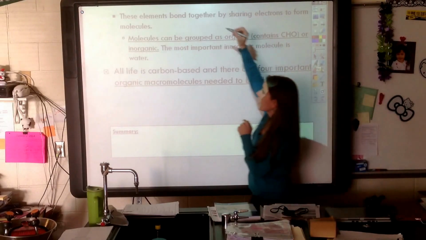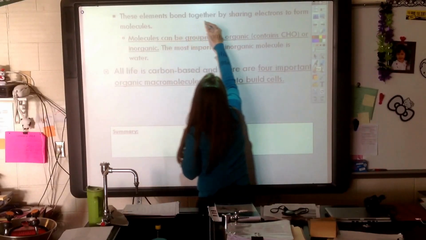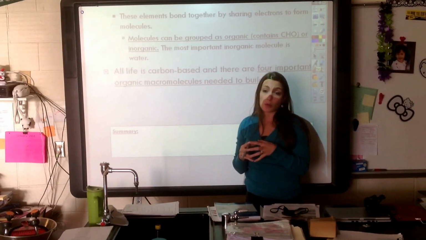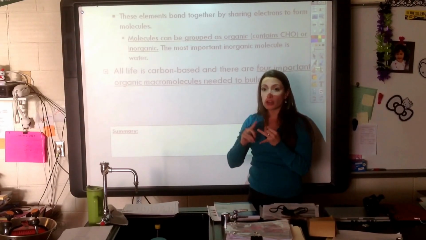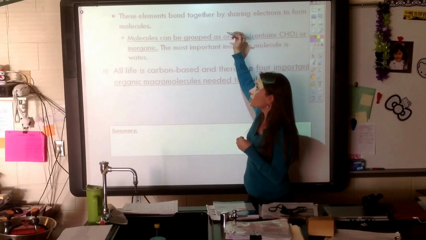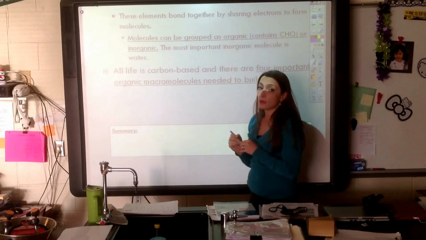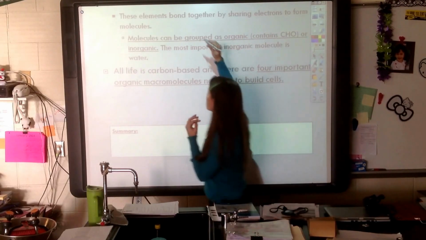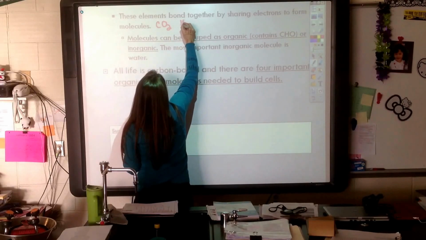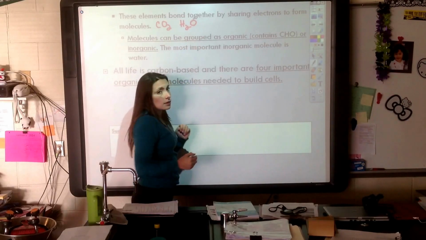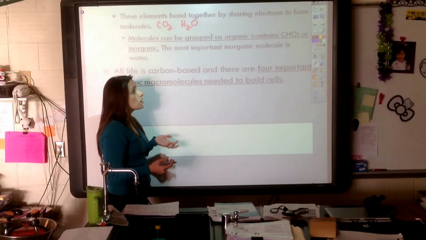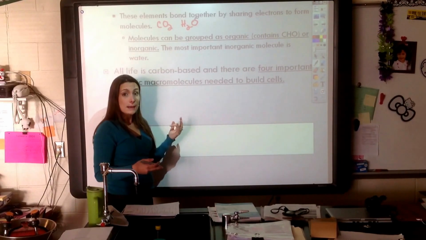So, when we have elements and we bind them together, they actually share electrons. If you remember what an atom is, it has protons, neutrons, and electrons. So electrons are shared, and we form a bond, and those are a molecule. So CO2 is a molecule. H2O is a molecule. We will begin to group molecules based on what they contain.